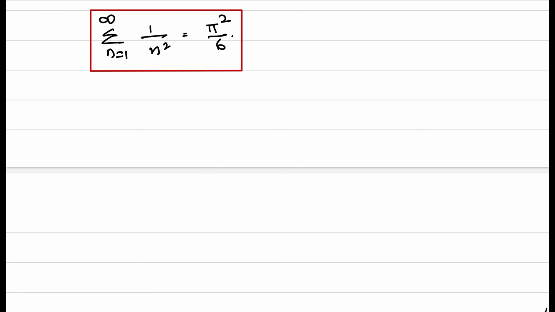Now, what is 1 by n square? 1 by n square is nothing but the sum of the even numbers' reciprocal squares plus the sum of the odd numbers' reciprocal squares. Why?